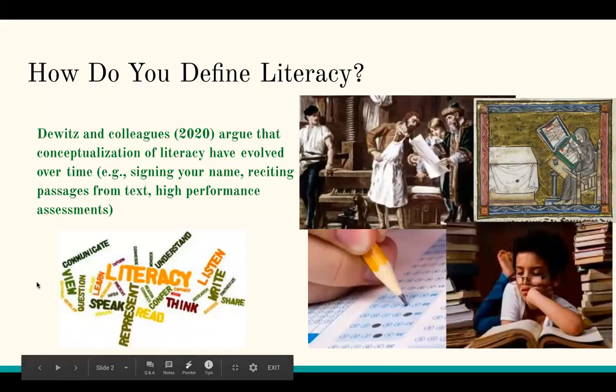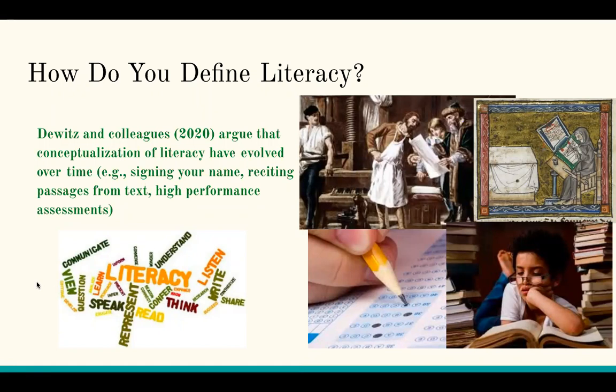So the first thing we want to think about is how we individually define literacy. We want to recognize that conceptualizations of literacy are socially constructed. In other words, they draw from the social, cultural, and historical influences that shape the way, broadly speaking, people might consider or think about literacy.